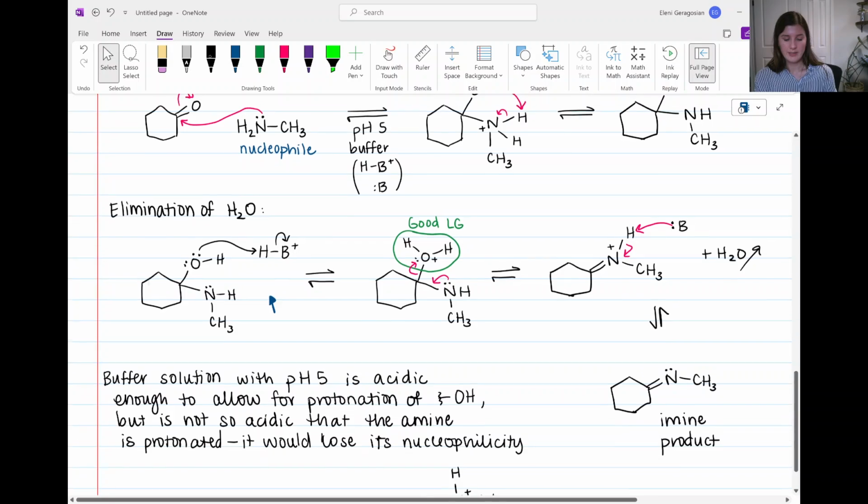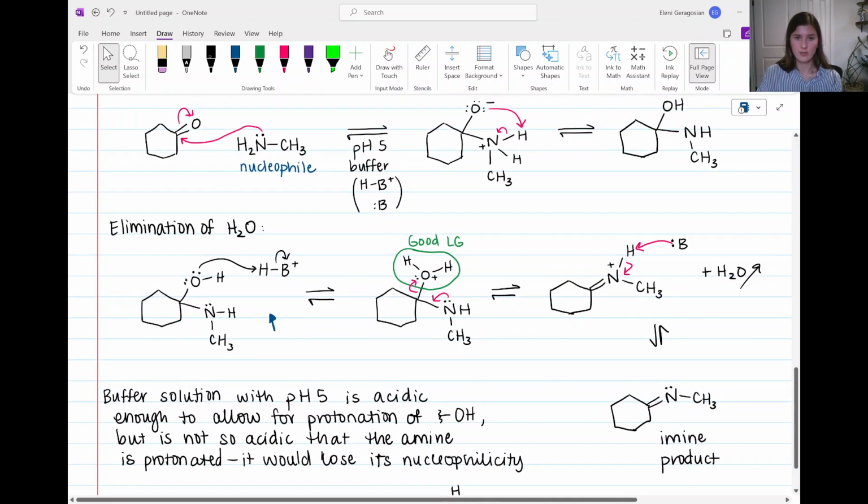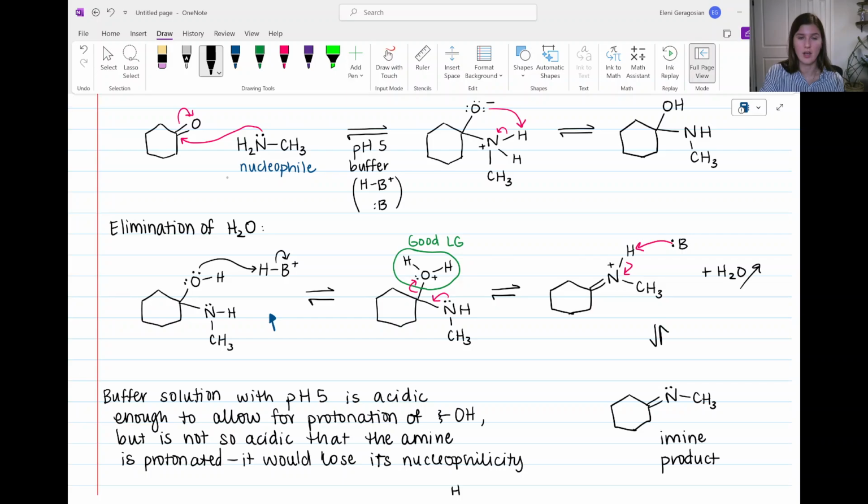The amine is a stronger base, so that nucleophile is a stronger base than the carbonyl oxygen. So if we're at a pH where the nitrogen's not going to get protonated, then the ketone oxygen certainly wouldn't get protonated either.